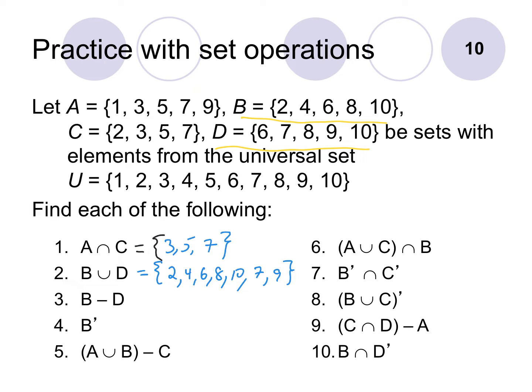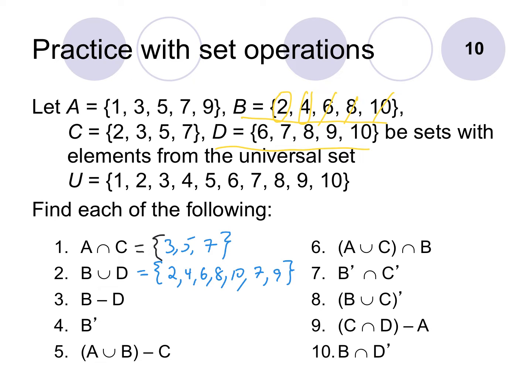The set subtraction operation, number 3, says B minus D. That's the same two sets, so I'll leave them underlined, but that's supposed to mean everything that's in B that's not in D. So I should look for each element of B and ask myself, is it also in D? This one, element 2, is not also in D, so that would be included. 4 is in B, but not in D. 6 is in B, but it's also in D. So is 8, so is 10.